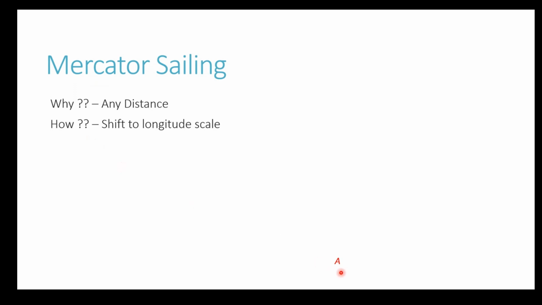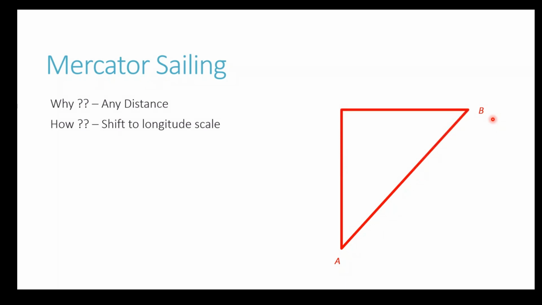Let's consider this is our initial position A, and this is our final position B. This is the plain sailing triangle which we used. The third vertex was named C. This particular angle was the course. This side, the hypotenuse, is the distance side. The vertical side, AC, is the D-lat. And the horizontal side on top, that is B to C, was the departure.